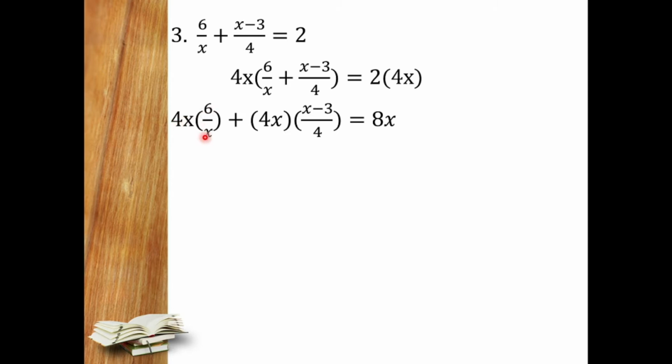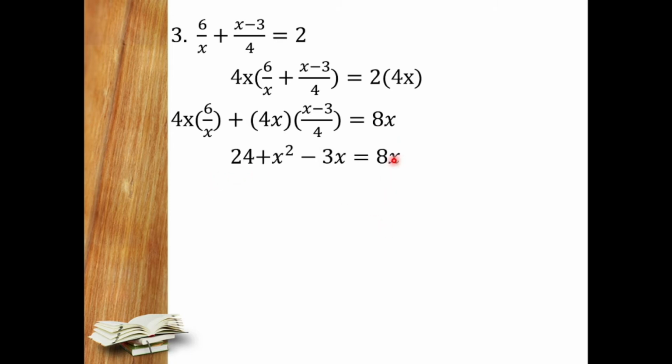So, ika-cancel na lang natin yan para shortcut. So, 4 times 6 is 24 plus 4x times the quantity x minus 3 over 4. So, this time, si 4 naman ang ika-cancel out natin. So, therefore, we have x times x is x squared. x times negative 3 is negative 3x. Tapos, ikakopy natin ito. Okay?